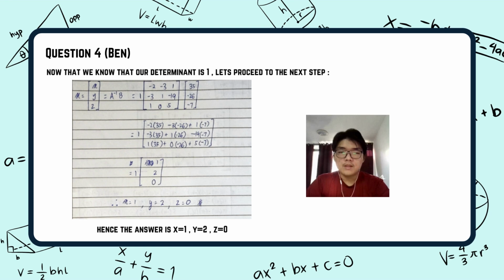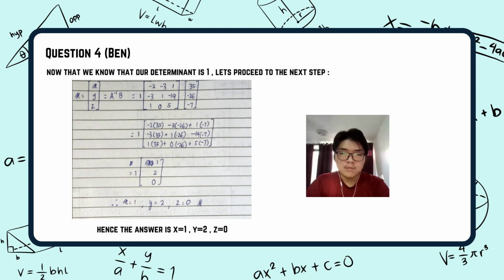Now that we know our determinant is 1, let's proceed to the next step. Firstly, we must always put our determinant on the left to divide, and we should multiply row by column. It is also important to note that the positive and negative signs represent the plus and minus. For example, negative 2 times 35, then minus 3 times negative 26, because it is negative, so it is minus.